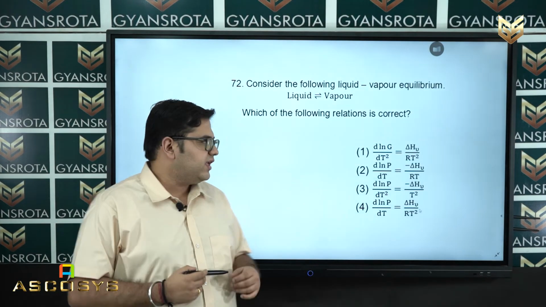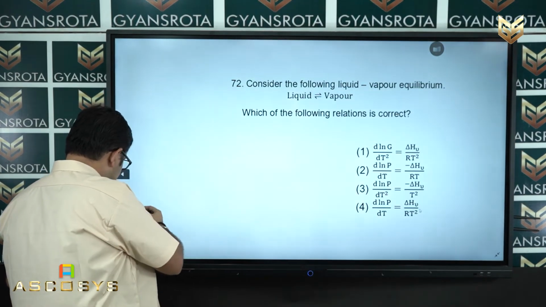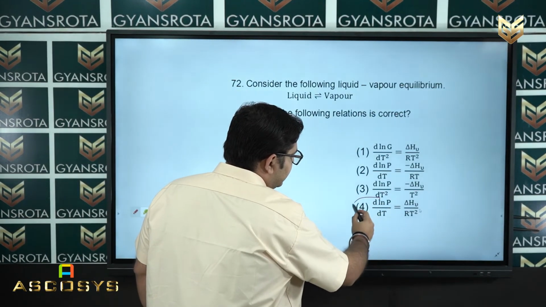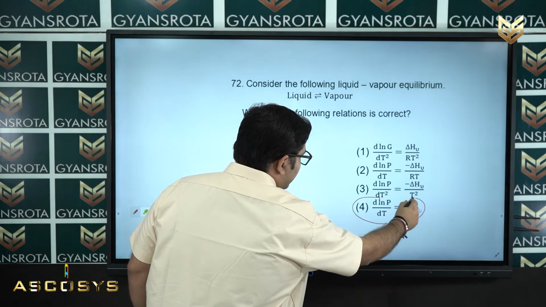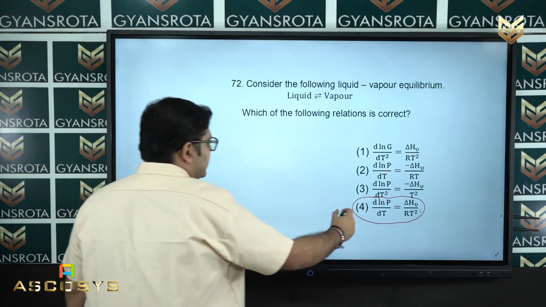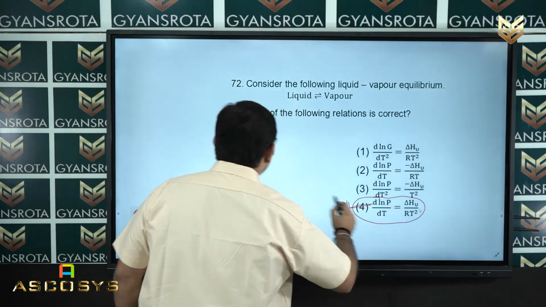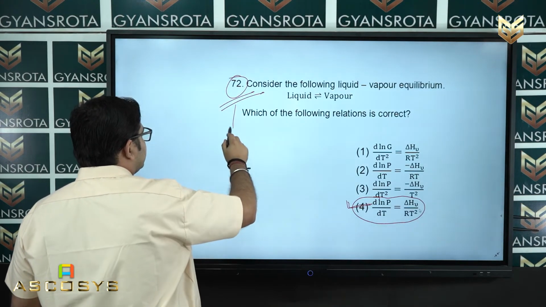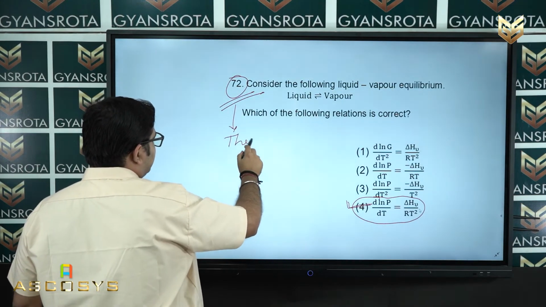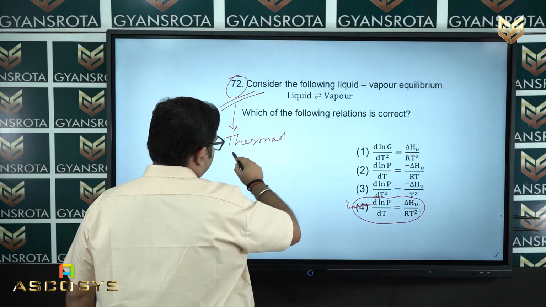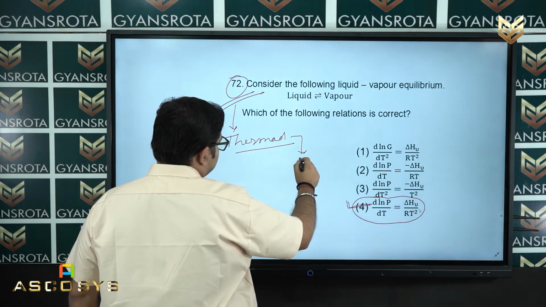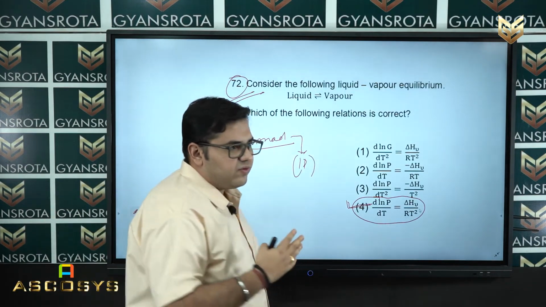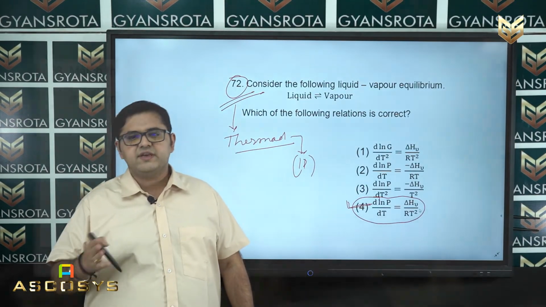So, if you see option number 4, d ln p by dT equals delta H vaporization by RT square, option number 4 is the correct answer of your question number 72. So, this question is basically from the thermodynamics of class 11 NCERT.